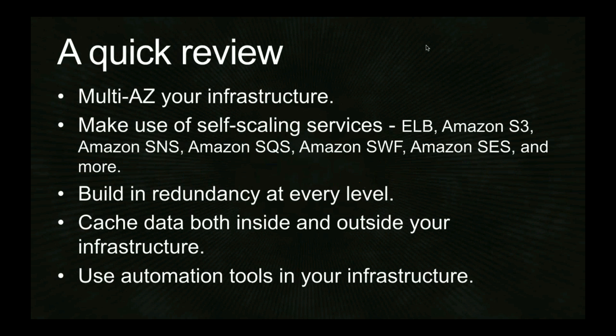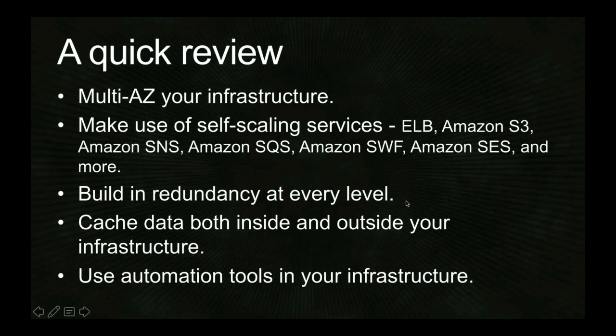Let's have a quick review. Use multiple availability zones, never have single points of failure, all your eggs in one basket. Make use of self-healing and self-scaling services, or automated services like Elastic Load Balancing, Amazon S3, Simple Queue Service, etc., where you don't have to manage their scalability, redundancy, etc. We do it on your behalf automatically.